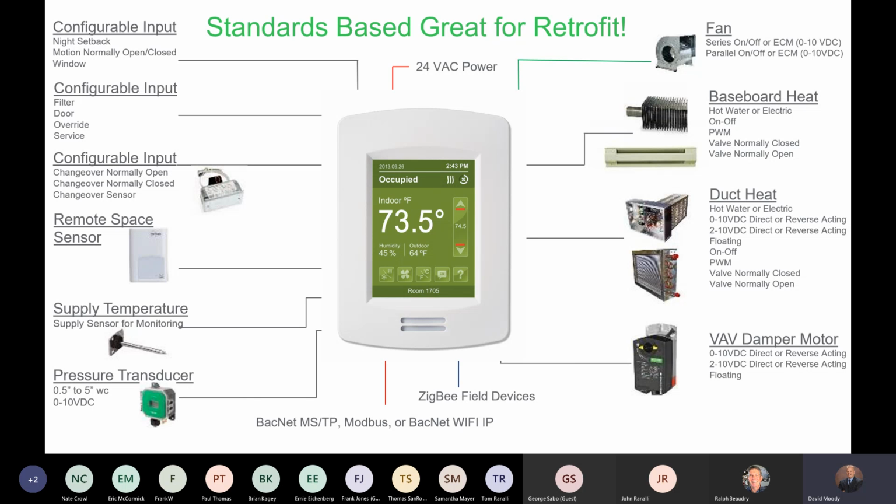It's showed here, and it's a 0 to 1 inch transducer that's 0 to 10 volts DC. With that said, the capabilities of this room controller, just like any other 8000 series room controller, you have the ability to write custom Lua programming. We'll talk about that in a little more detail, but we have had customers that have a different type of pressure transducer that uses a different signal.